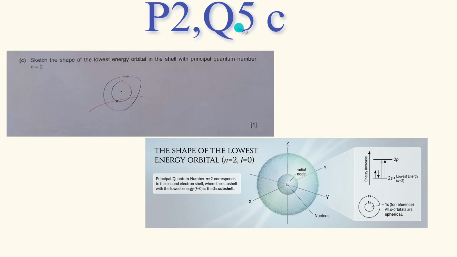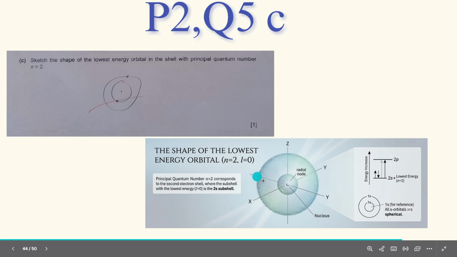Okay, to Q5C. Sketch the shape of the lowest energy orbital in the shell with principal quantum number. Well, all you need is just drawing a center of the atom like this, and then make a circle. That's how you're going to make it.